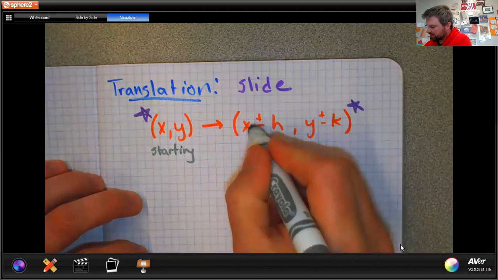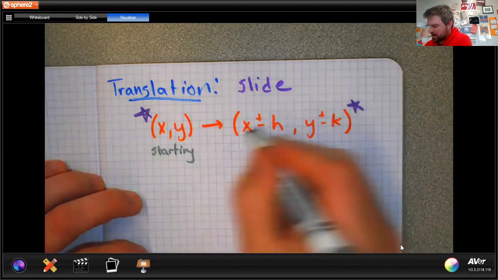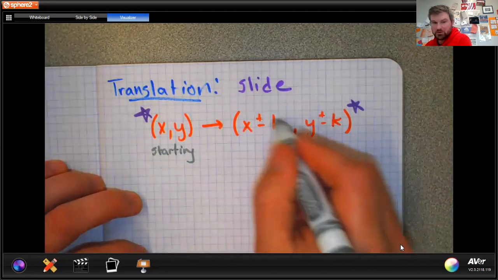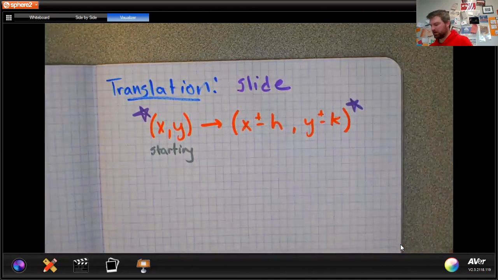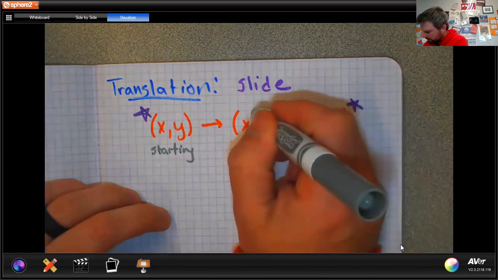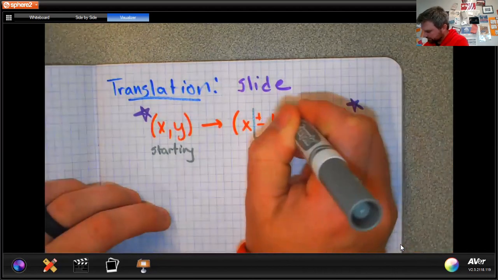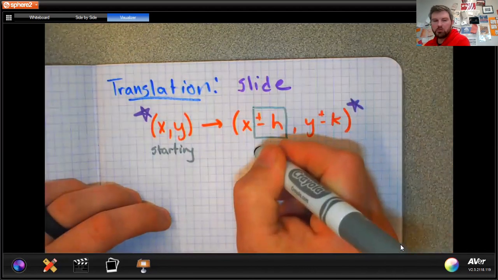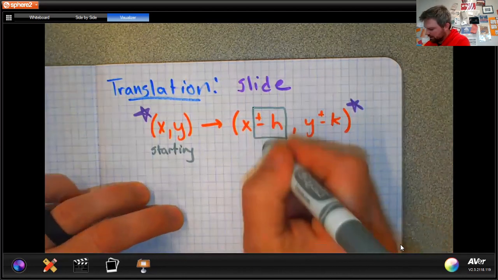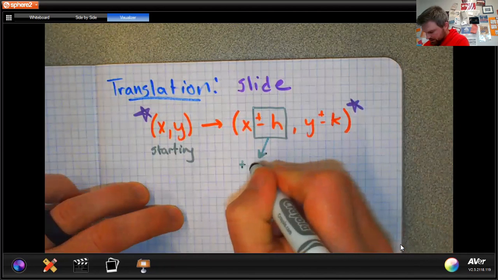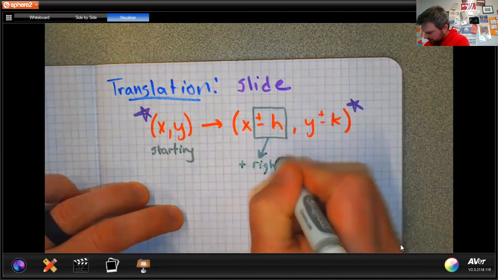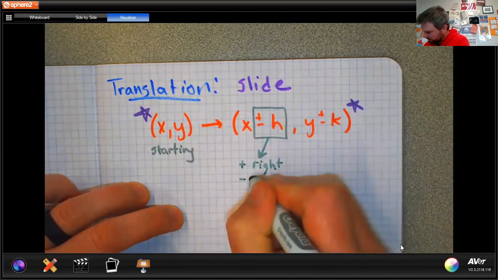If I take some number going left and right and I add it or subtract it to another number, that will either make it bigger or smaller left and right. So this value right here will move the object left or right. In fact, if it is a positive number, it will go right. If it is a negative number, it will go left.